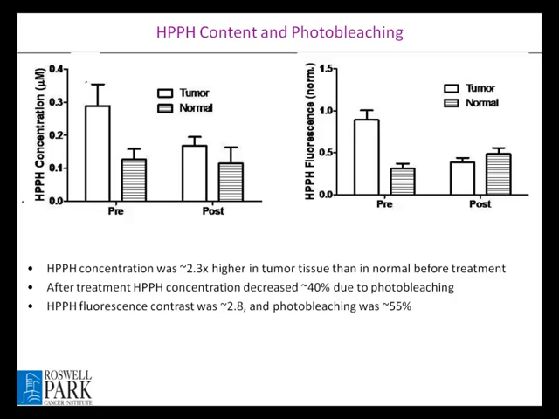It gives similar results, but not exactly the same, and as you may agree, optical properties affect the results. In this case the concentration is in micromolar, but this case is the raw fluorescence. We have about 2.5 times concentration contrast in the lesion in this case.